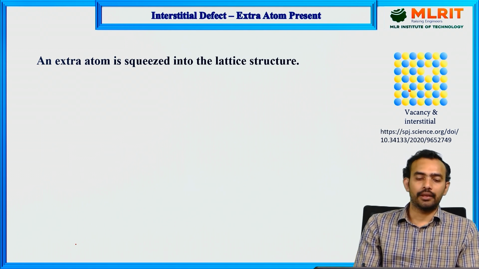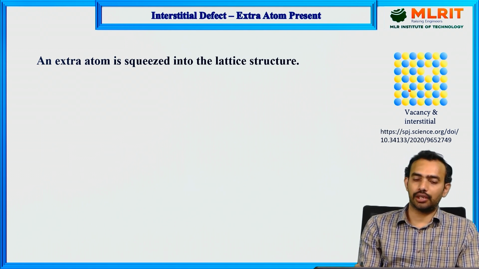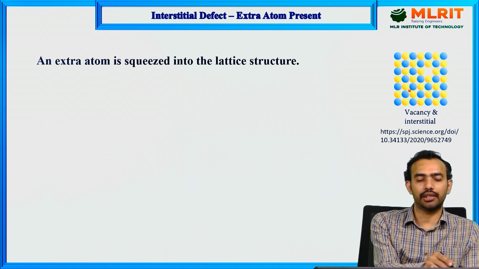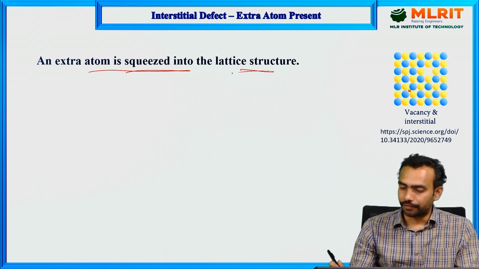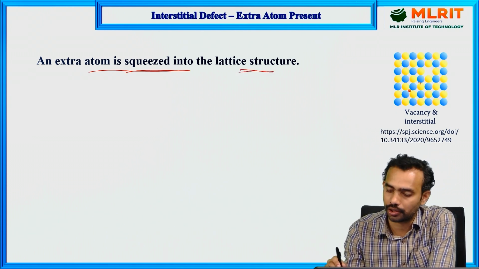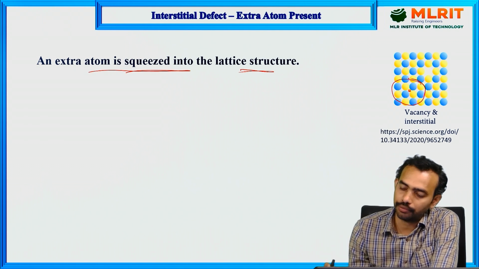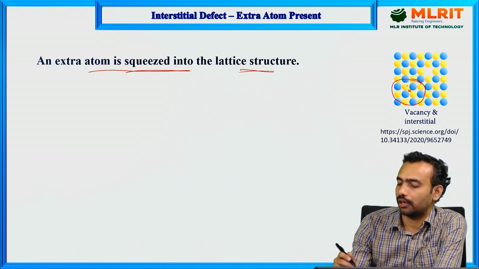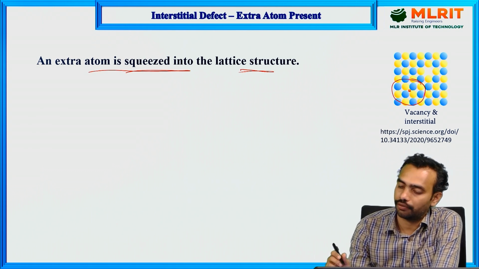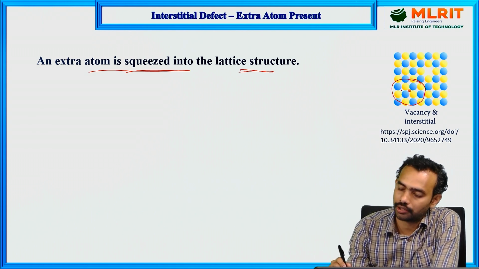Next, we come to the interstitial defect, which is an extra atom squeezed into the lattice structure. If you look closely in this region, the regular arrangement of blue and yellow atoms can be seen, and wherever the gaps are, these are called interstitial sites.